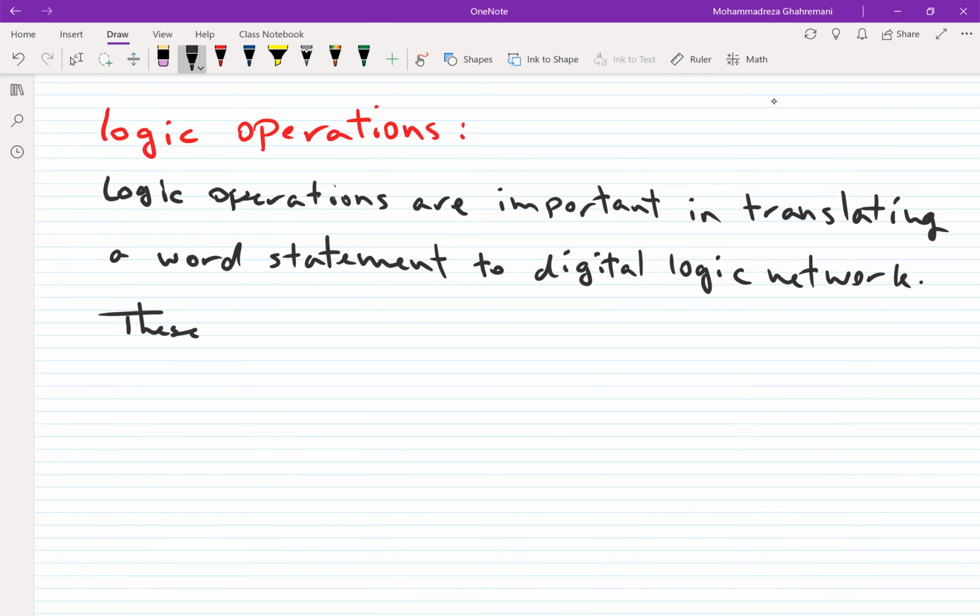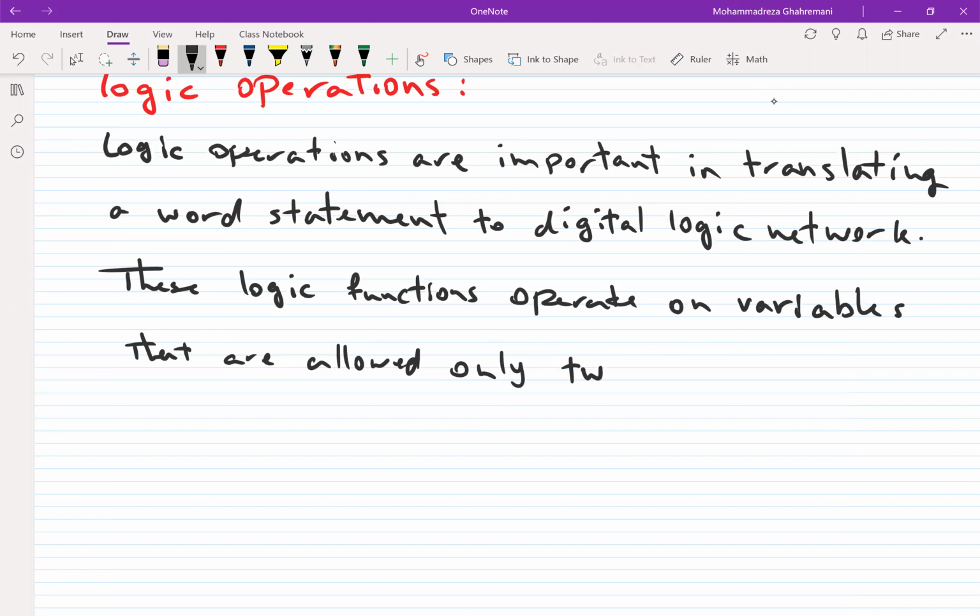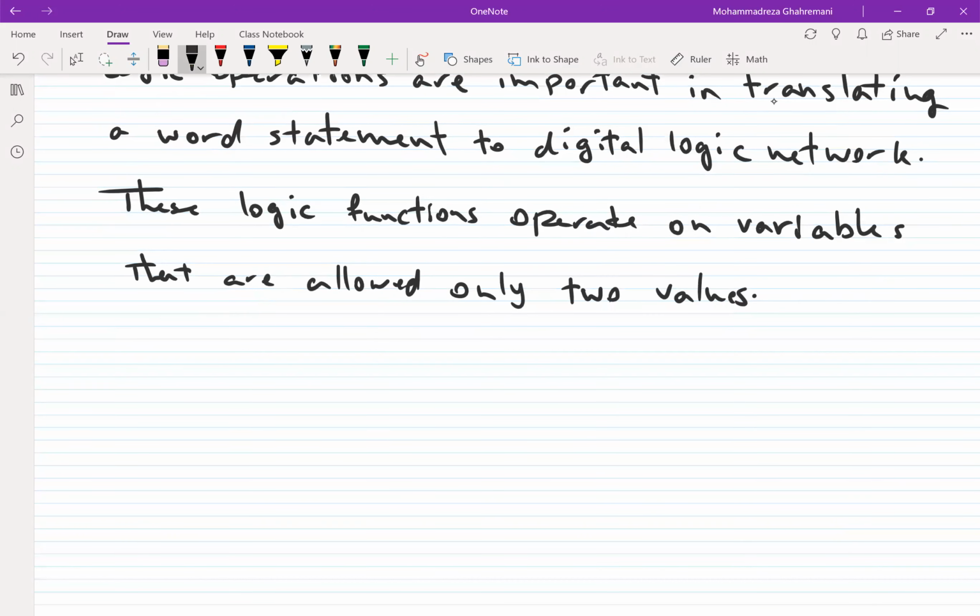These logic functions operate on variables that are allowed only two values. Those values are 1 or 0.